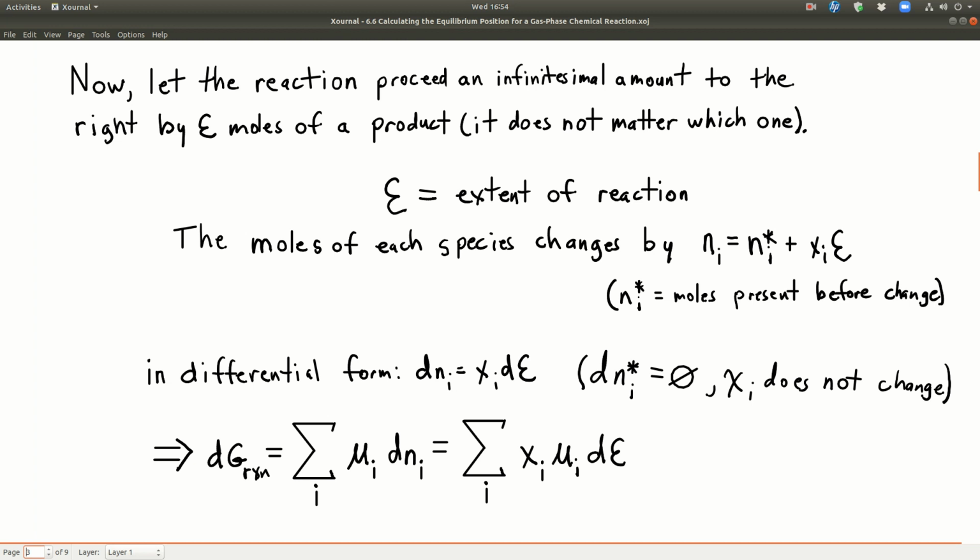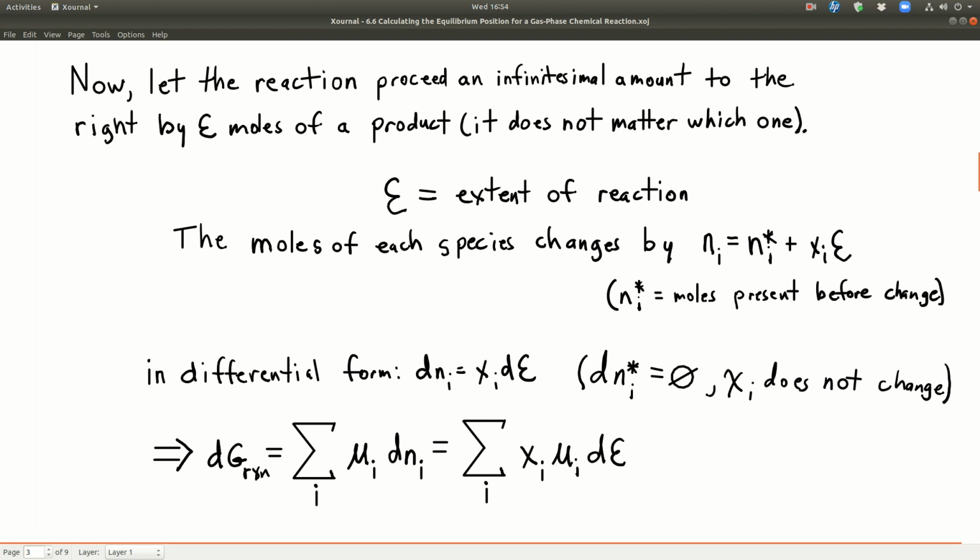If we look at the differential form of this, because the amount that we start with, n sub i star, doesn't change, the differential of that is 0, so that goes away. The coefficients don't change, they're constant, so they come out in front. So dn sub i equals x sub i d epsilon. Which means now we can write the dG of the reaction.